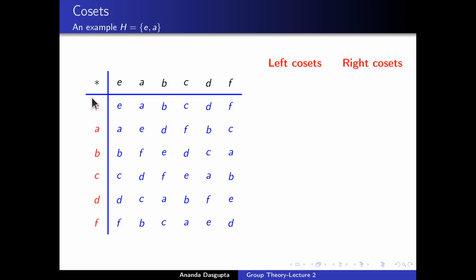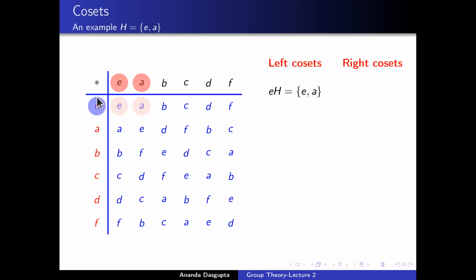So you're going to look at the elements e and a, and you're going to look at what happens when you multiply them from the left by e. So basically this is what forms your subgroup, and to get the coset you're going to multiply each one of these elements on the left by e, and you get e and a. That's sort of obvious. What about the corresponding right coset?